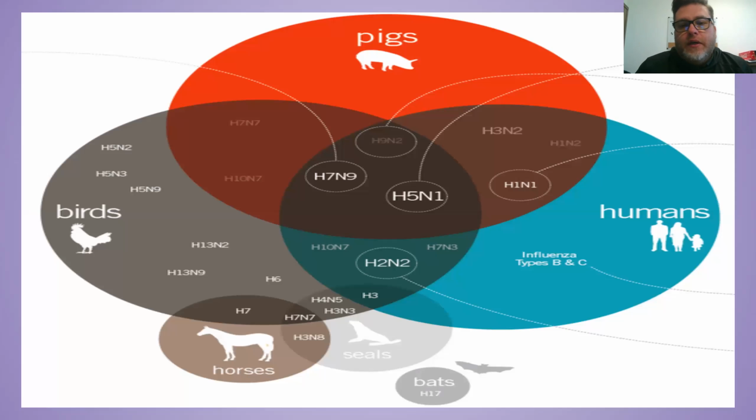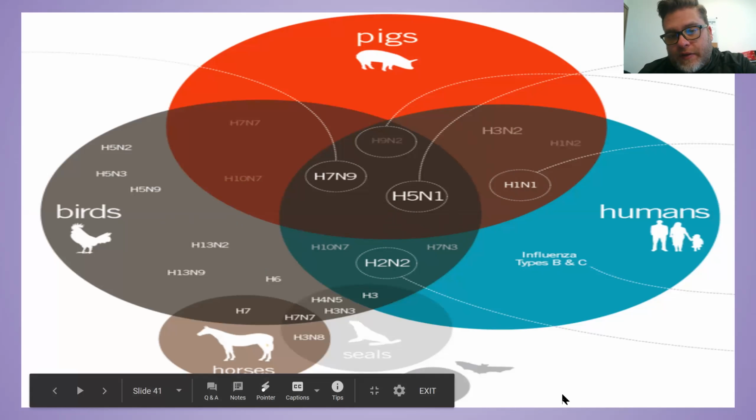Here's a good little Venn diagram of all the different forms of influenza strains and exactly who they're infectious to. We see H1N1 right here, and that is infectious to both pigs and humans. We have H5N1, which is bird flu, and that's infectious to birds, pigs, and humans.